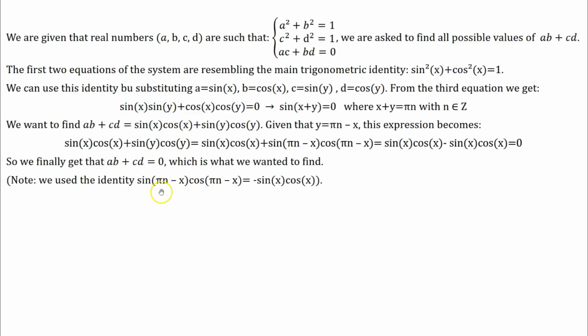So if sine of (πn minus x) is positive, cosine of (πn minus x) will be negative, and vice versa. So this expression is equal to minus sine x times cosine x, and substituting here, we get that ab plus cd is equal to 0. So we can finally say that ab plus cd is equal to 0, which is what we wanted to find in this problem.